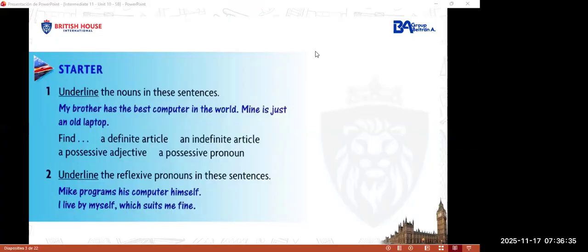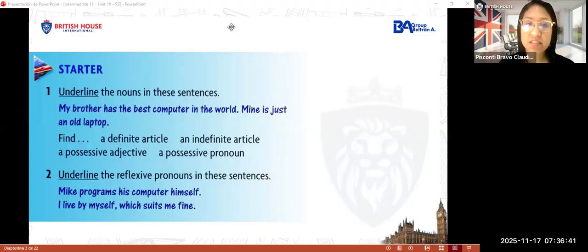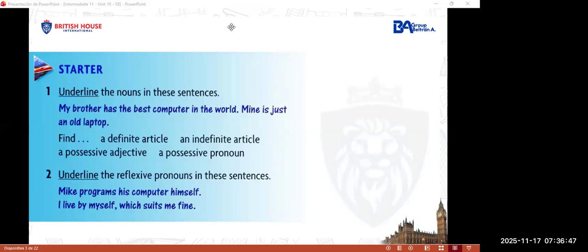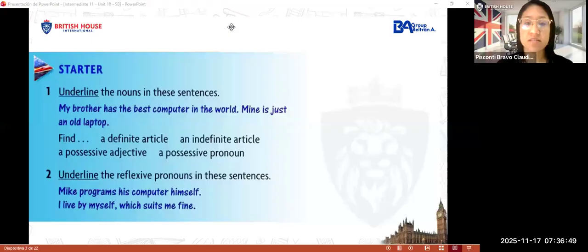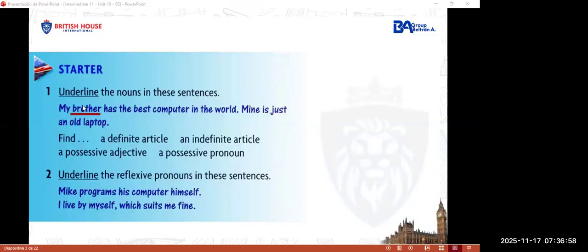Just to remind you, a noun is a reference to a person, an animal, or a thing. So if we start from the beginning, My, brother. My is just a possessive adjective, not a noun. Brother, yes. Then the best computer in the world, and laptop.